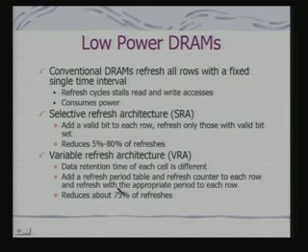That means you are refreshing the rows, but each row gets refreshed at different intervals, because the data retention time of each cell becomes different. It can also differ depending on at what point in time you have written the data onto that row, because your refresh cycles are coming at a regular interval. So, if you have just written the data onto that row, you might not need refresh at that point in time.